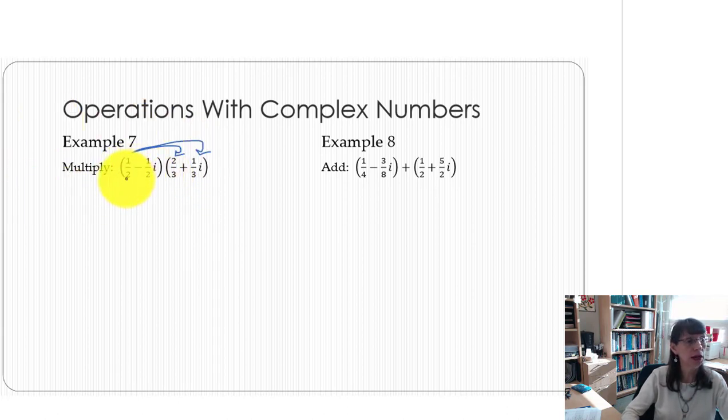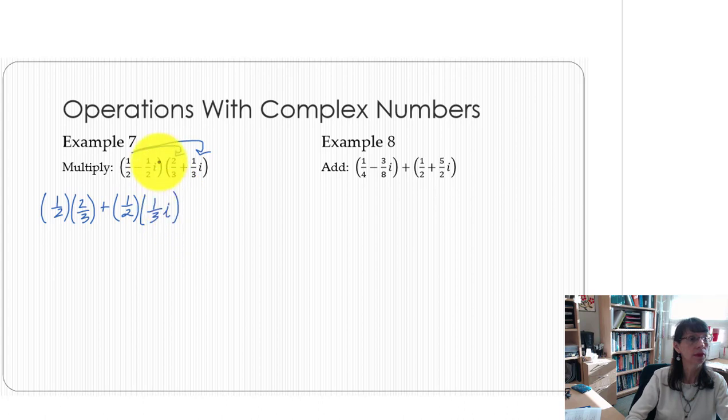So our first product, 1/2 times 2/3, I'll go ahead and just expand this. Then I'm multiplying 1/2 times positive 1/3 i. So we'll be adding the product of 1/2 times positive 1/3 i. My next distribution is with negative 1/2 i. So negative 1/2 i is multiplied by positive 2/3.